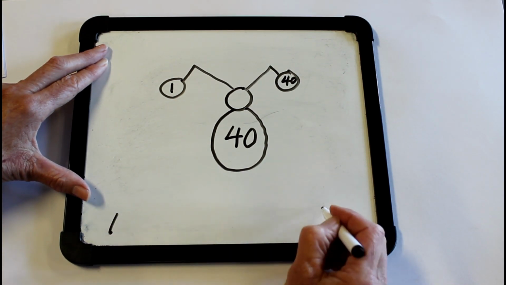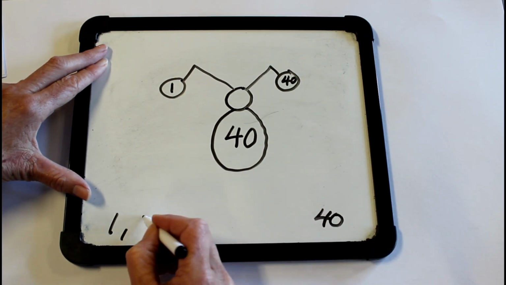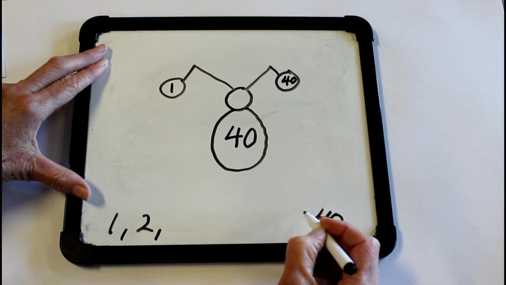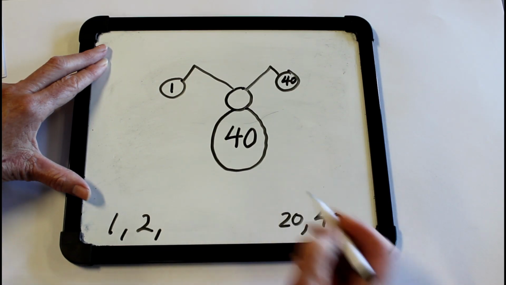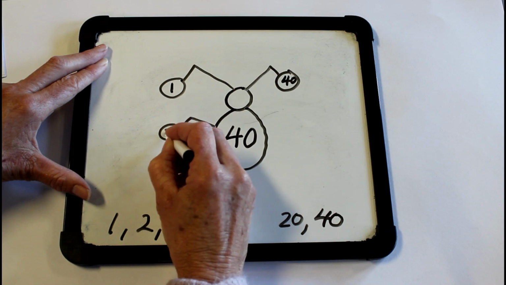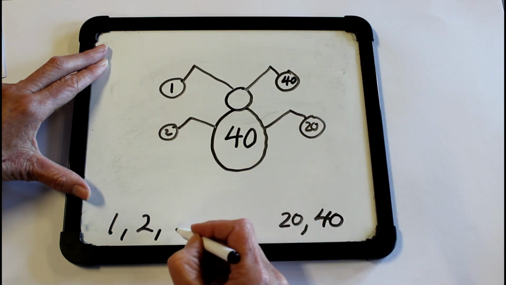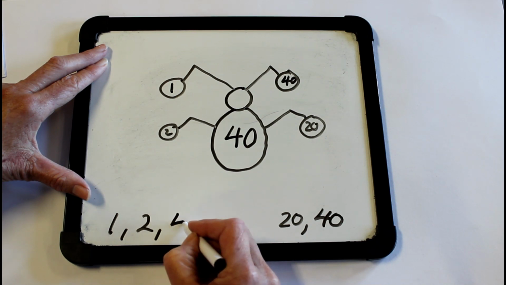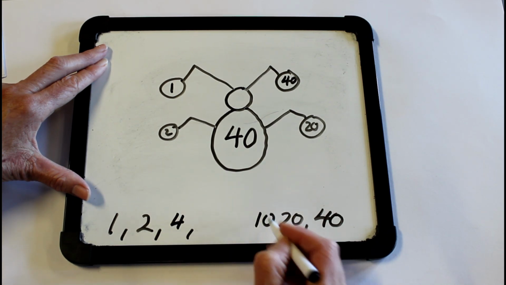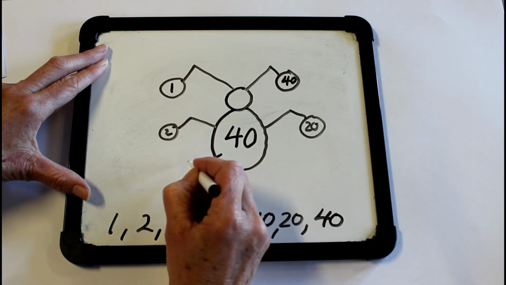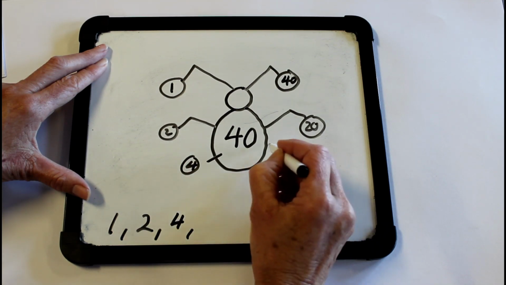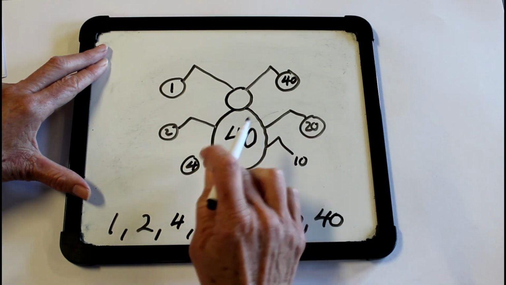I can put 2 because I know that 2 20s are 40. So I'm going to put 2 and 20. I'm going to put 4 and 10 because I know 4 10s are 40. That's a bit of a weird leg.